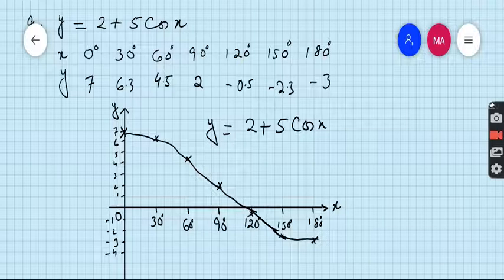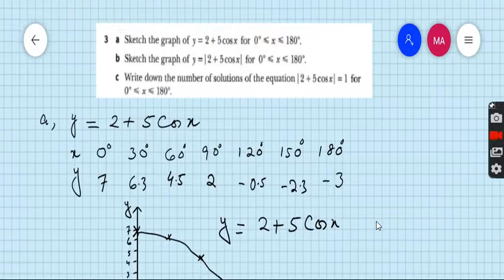A little movement can make a big mistake with this electronic pen. But you people have pencil and paper, you can draw a better graph because you can move the paper. I cannot move this board. Okay, so this is part A.